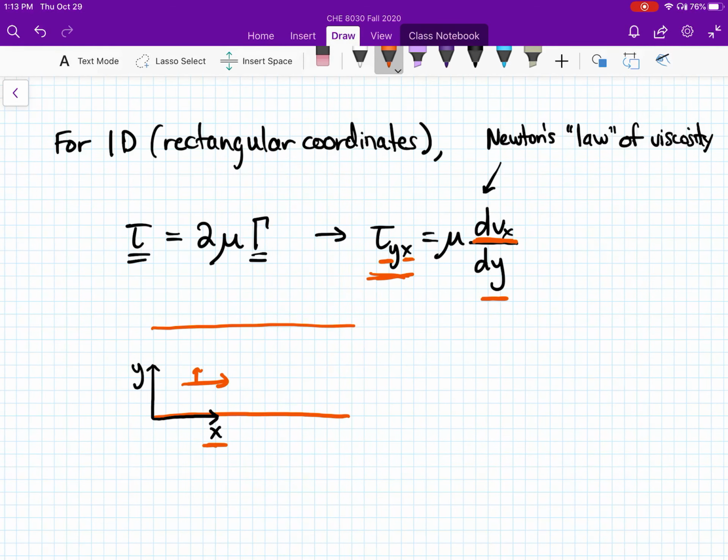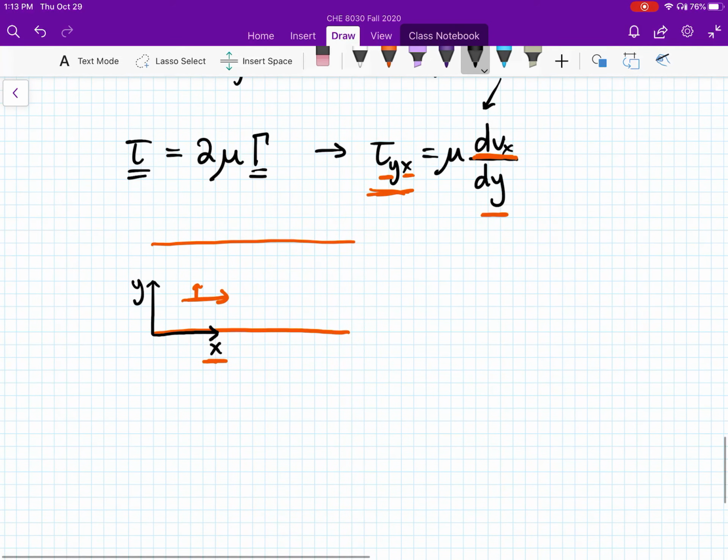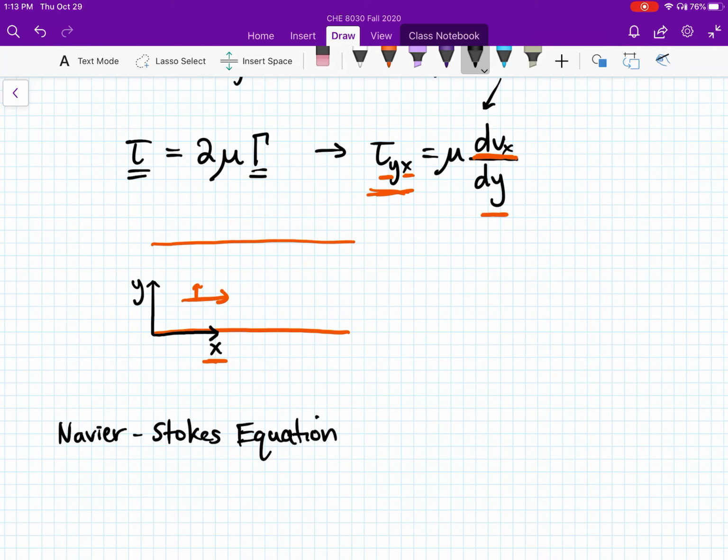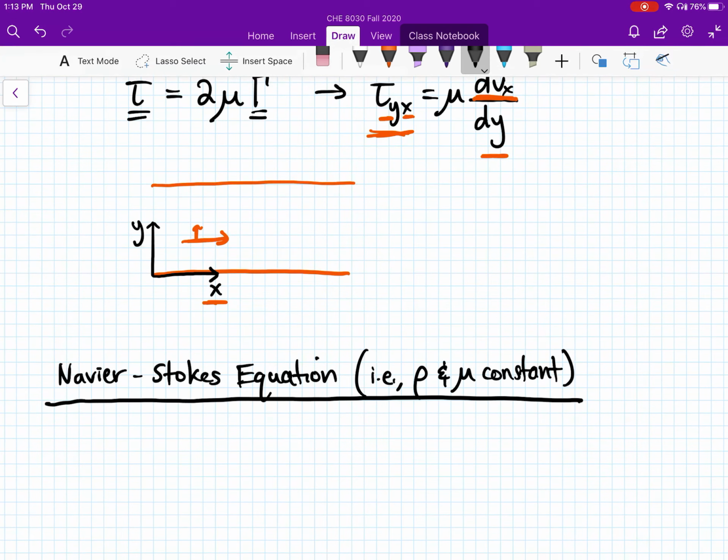Okay. Another equation that hopefully is a review for everyone is the Navier-Stokes Equation. For the Navier-Stokes Equation, we are assuming we have a fluid with a constant density and constant viscosity. Navier-Stokes Equation in our new language.